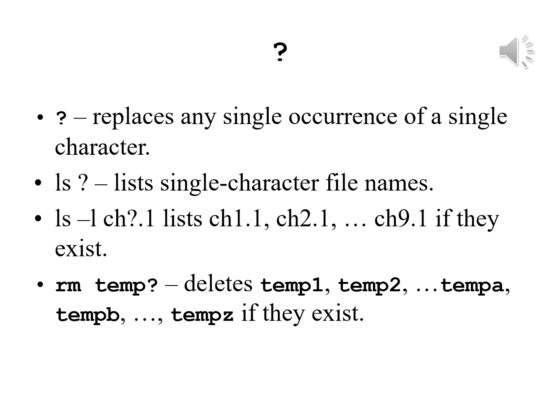Typing ls space question mark lists every single character file name, no matter what the file name is. Similarly, typing rm space temp question mark will delete temp 1, temp 2, and so on, including temp A, temp B, and so on, if they exist.